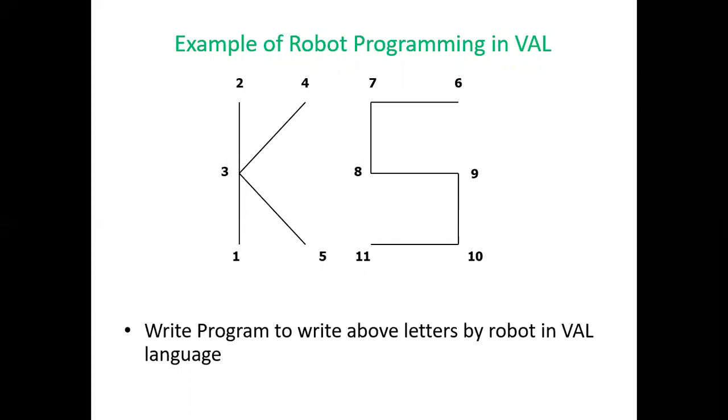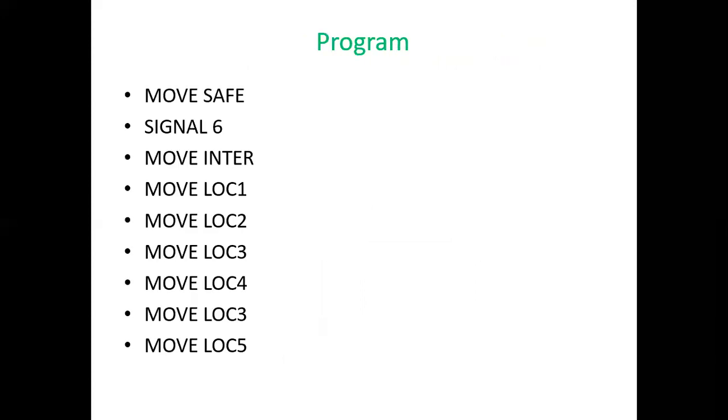So this is the example of robot programming in VAL. There are two types of path used in the program. For this image, we need to write a program in VAL language. So first program movement, MOVE SAFE. Safe means it is an initial condition or some coordinate which we are using without movement. Then SIGNAL 6, which means we are going to use a 6 path.